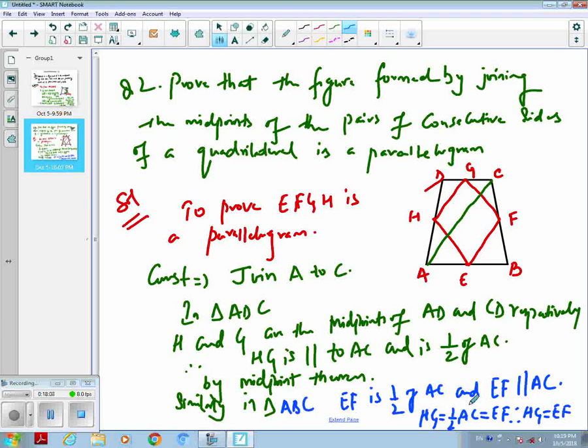And we know that HG and AC are parallel and AC and EF are also parallel.